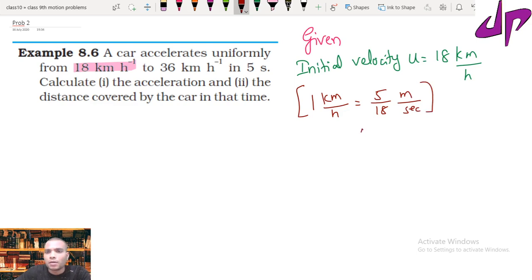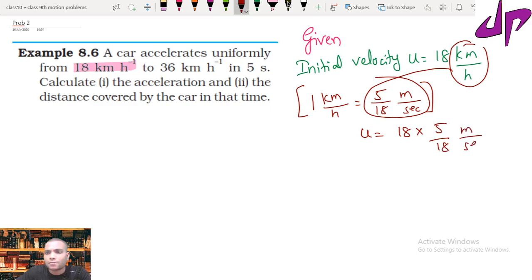Now you can multiply with that. u equal to 18 times 5 by 18 meter per second. Now 18 gets cancelled. Initial velocity u equal to 5 meter per second.